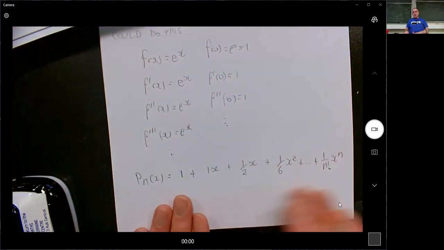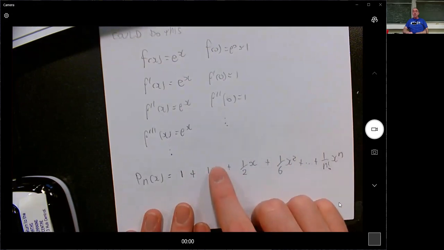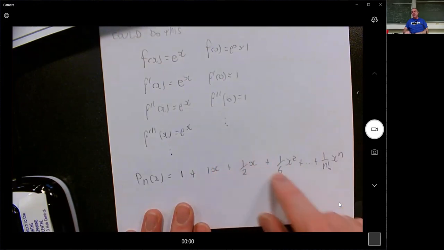That is the Maclaurin polynomial for e to the power of x of degree n. And you're supposed to be able to remember that, to say that each x to the power k is multiplied by 1 over k factorial.